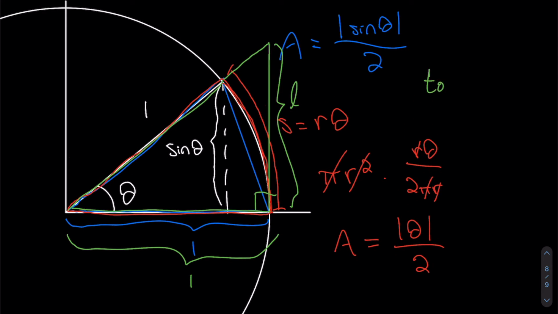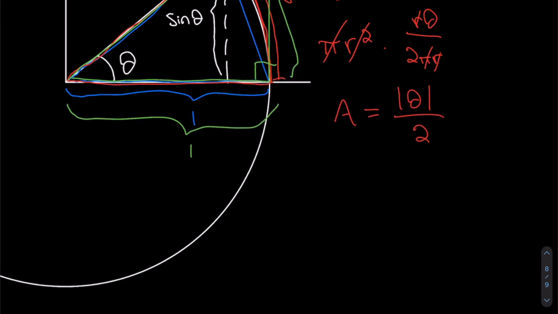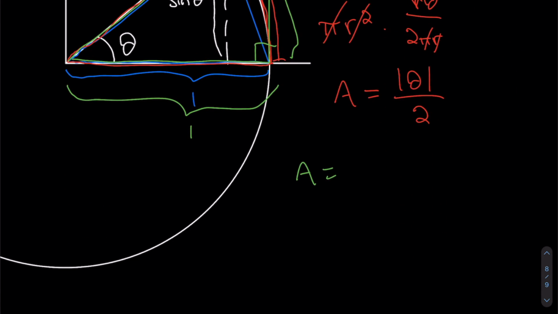Notice that tan theta is the opposite side of the right triangle, L, divided by the adjacent side, 1. So that means L equals tan theta. Now the area of the green triangle is the base, 1, times the height, tan theta, divided by 2.